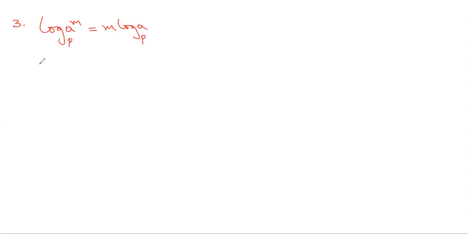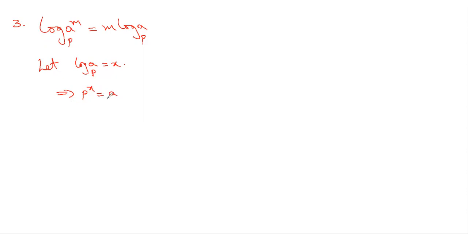For this, again, let log a base p equal to x. Automatically, you'll get p power x equal to a. The base you should write the same, and the one which is away from the base along with the base, and the one along with the base away from the base.